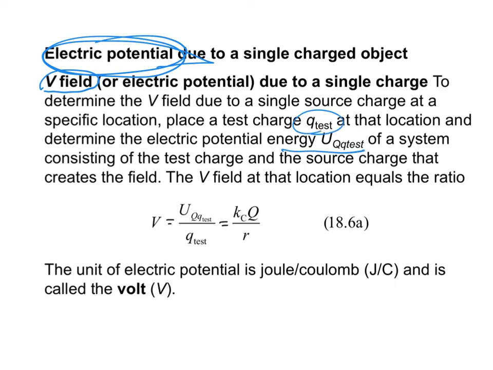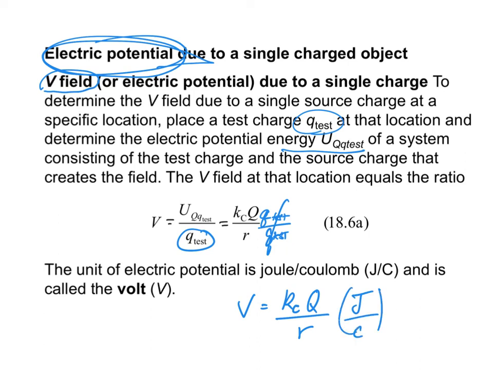We determine the electric potential energy at that location, and then you divide it by the test charge. So since we had Q test in the numerator and now we divide by Q test, it cancels out. So the magnitude of electric potential is just KQ over R.